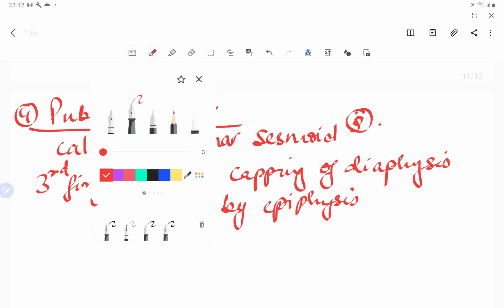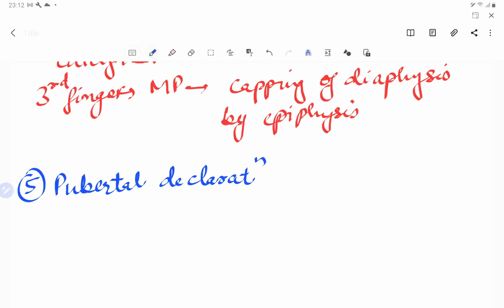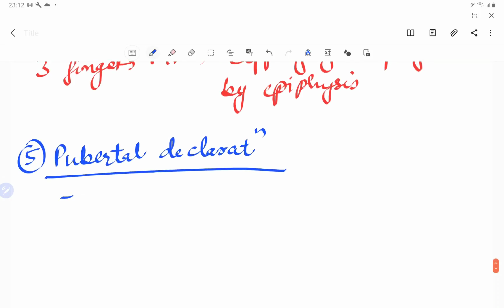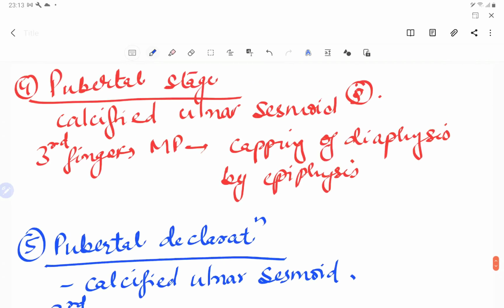Now the fifth stage we have is the pubertal declaration stage. So there is calcified ulnar sesamoid, yet in stage 4, the pubertal stage, there was also calcified ulnar sesamoid. And third finger, middle phalanx, remember we talked about in the pubertal stage.